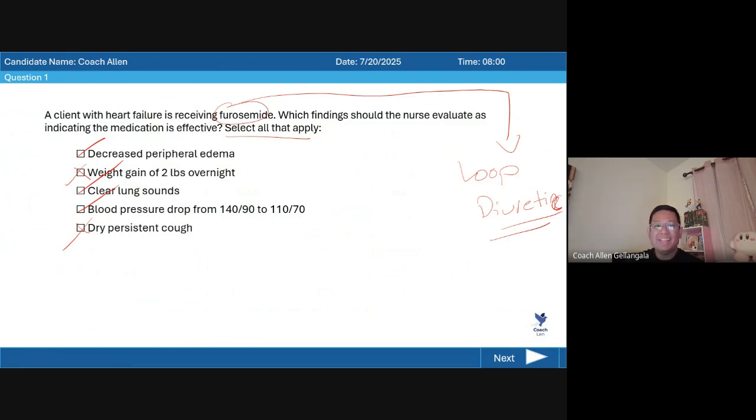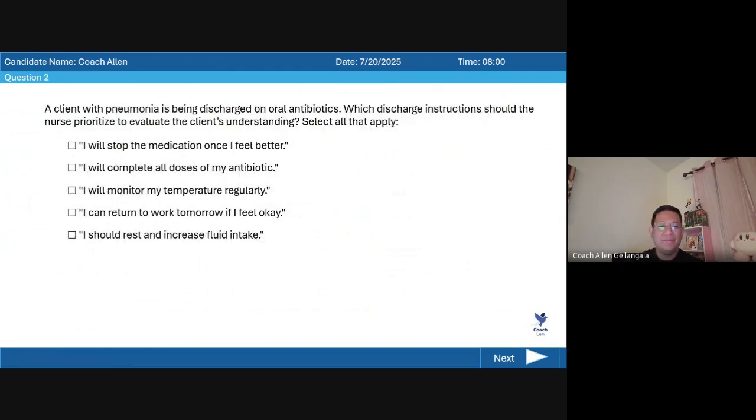Okay. So again, techniques in SATA, just as a reminder for everyone, when you are dealing with SATA questions, always convert your choices into a yes and no argument. Same technique that we are using in order to focus on questions in NCLEX.